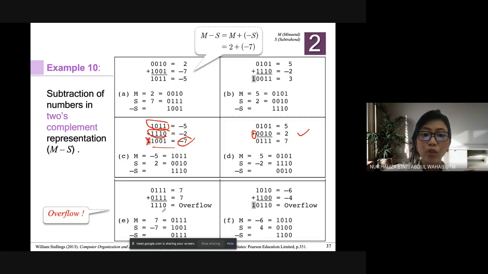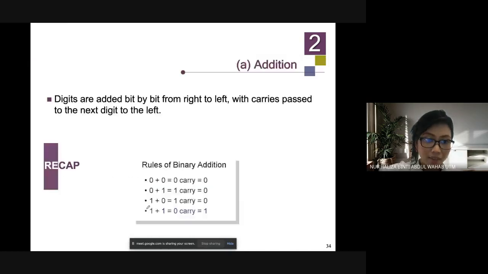You can see you have overflow. 1 plus 1, 0, carry 1. 1 plus 1 plus 1, you get 1, carry 1. 1 plus 1 plus 1, you get 1. And then over here is 1. So you go back again.